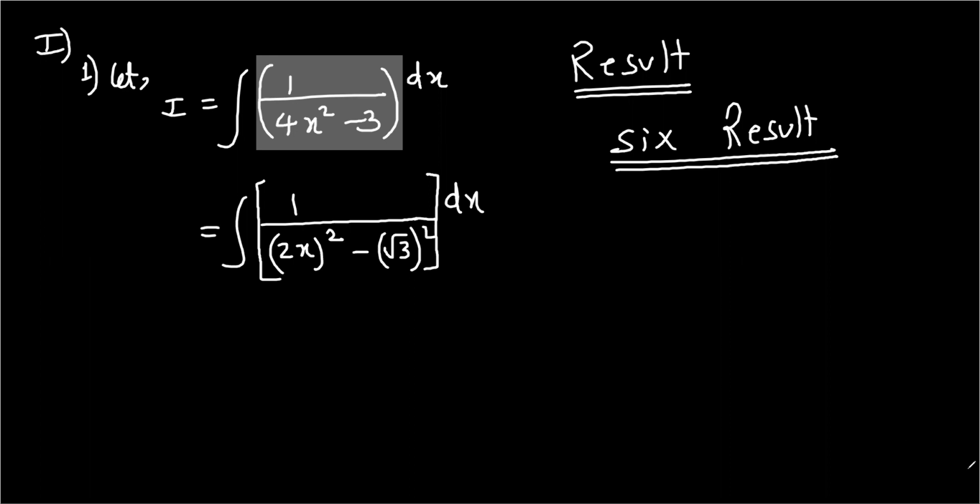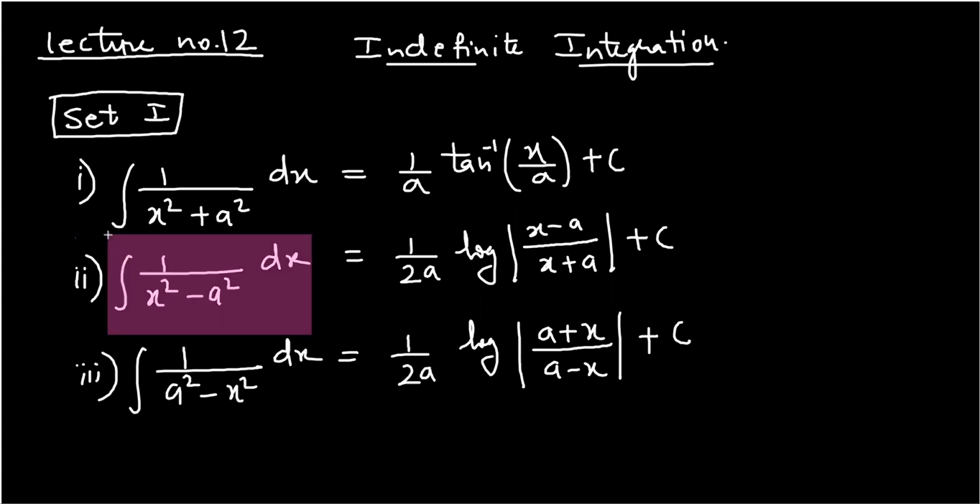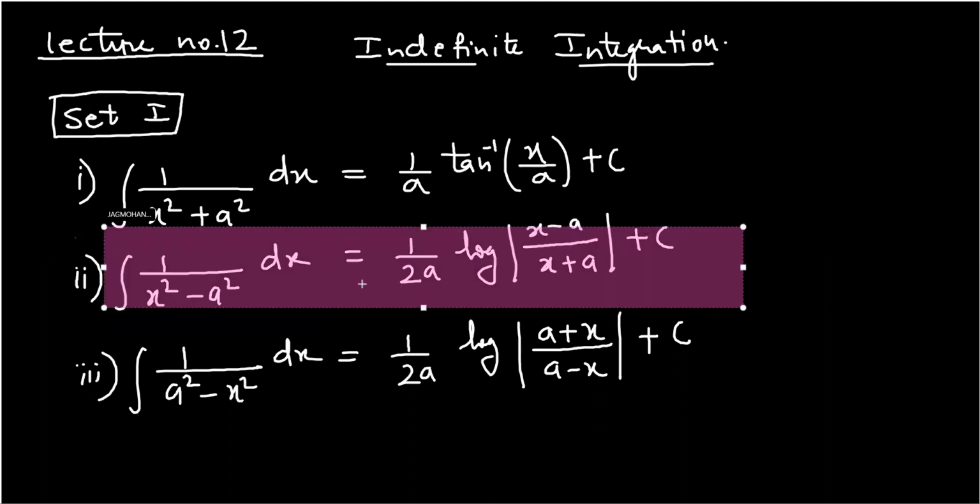And where is that? See here, students, this is the one I'm talking about. I can apply this result here, variable square minus constant square. Now in this result, you notice that the variable is x. You are integrating with respect to x. This is the result to be applied.